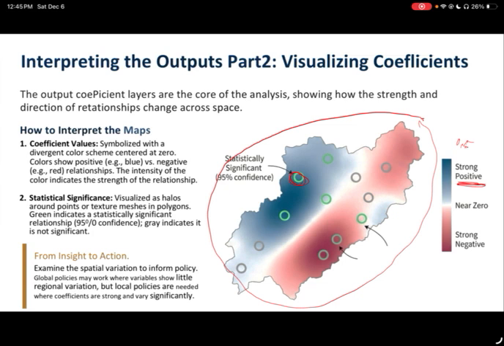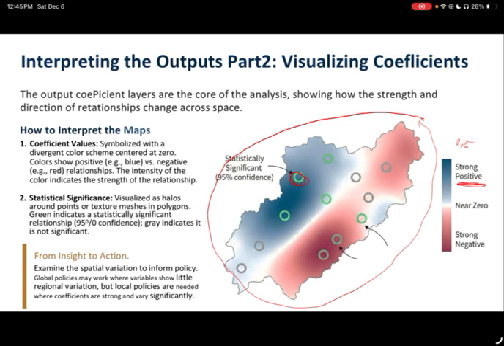It means that in this area, if we take house price as an example, the house price and house area have a strong positive association, which means that a higher house area will increase the house price. So if this area has the blue color, it means they have a positive, strong association or strong relationship.